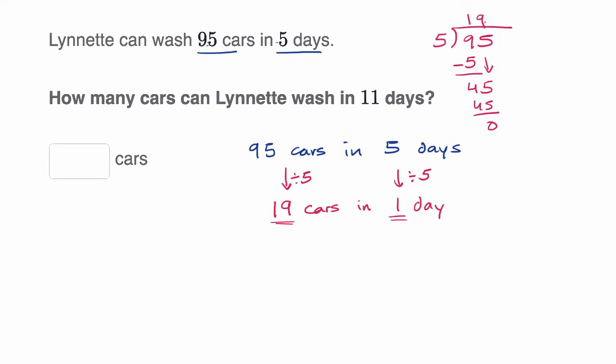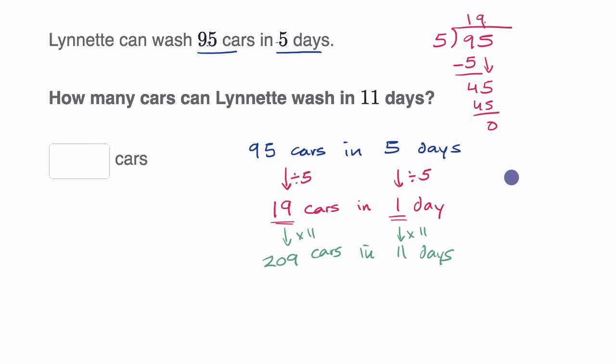And so if I want to figure out how many she can wash in 11 days, well, now I am just multiplying by 11. So if I multiply 19 times 11, what am I going to get? Well, if you're good at the mental mathematics, you might recognize 19 times 10 would be 190, and then you would have one more 19, so that would be 209 cars.